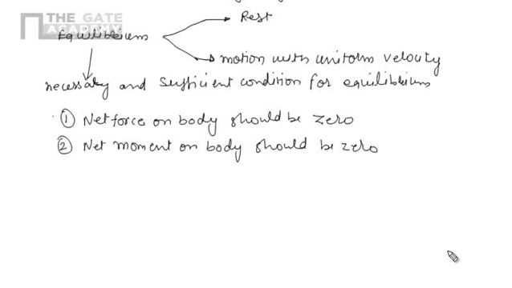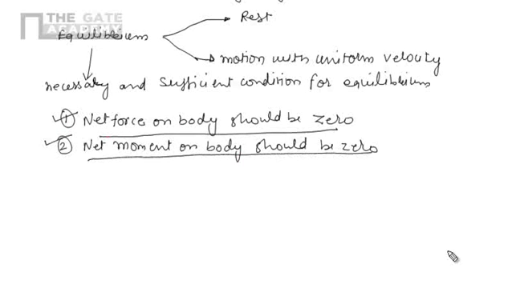So these are the two necessary and sufficient conditions for saying the body is in equilibrium. If the net force acting on a body is zero, it means body is in equilibrium. And if the net moment on body is zero, then we can say that body is in equilibrium. These are the two necessary and sufficient conditions.